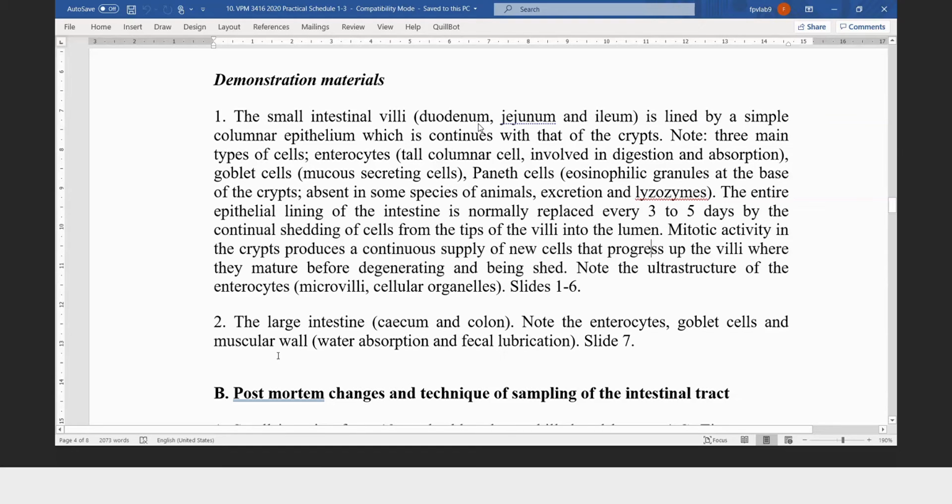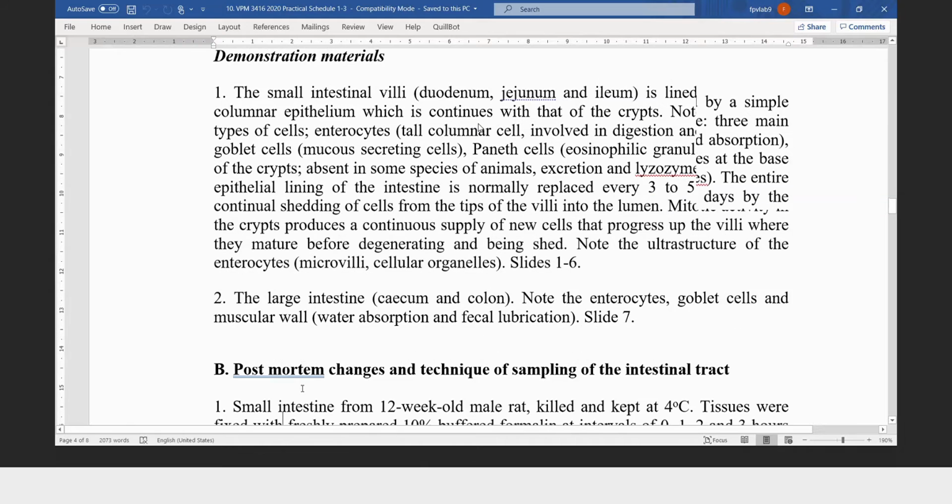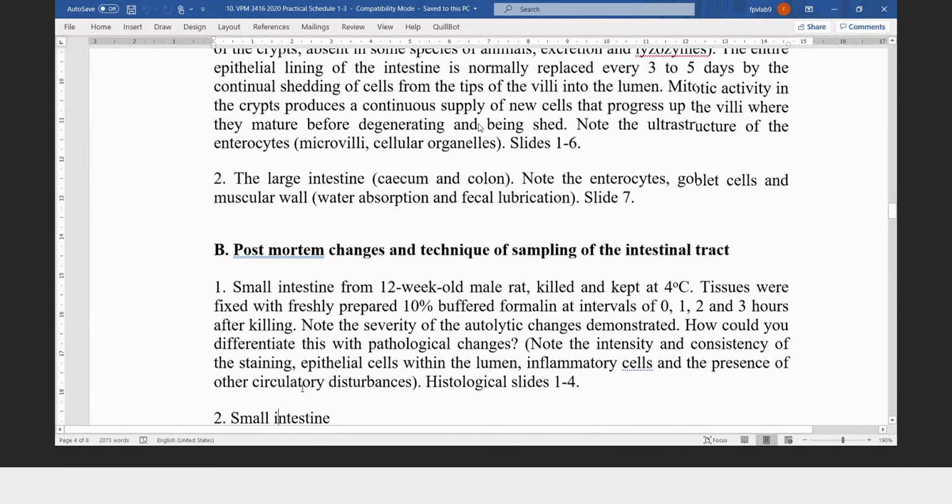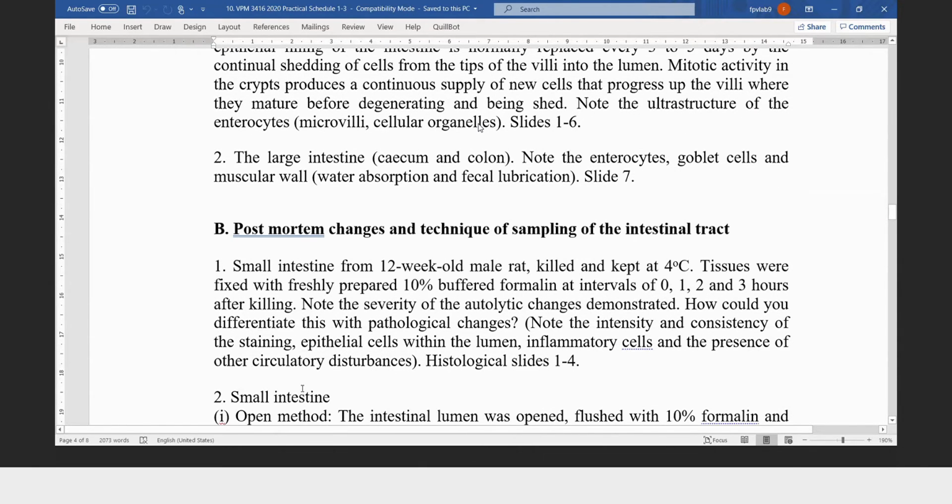Because in the first lecture, I mentioned that in the intestine we have the epithelium, submucosa, then the muscularis mucosa, and then you have the longitudinal and transverse muscle. Okay, thank you.